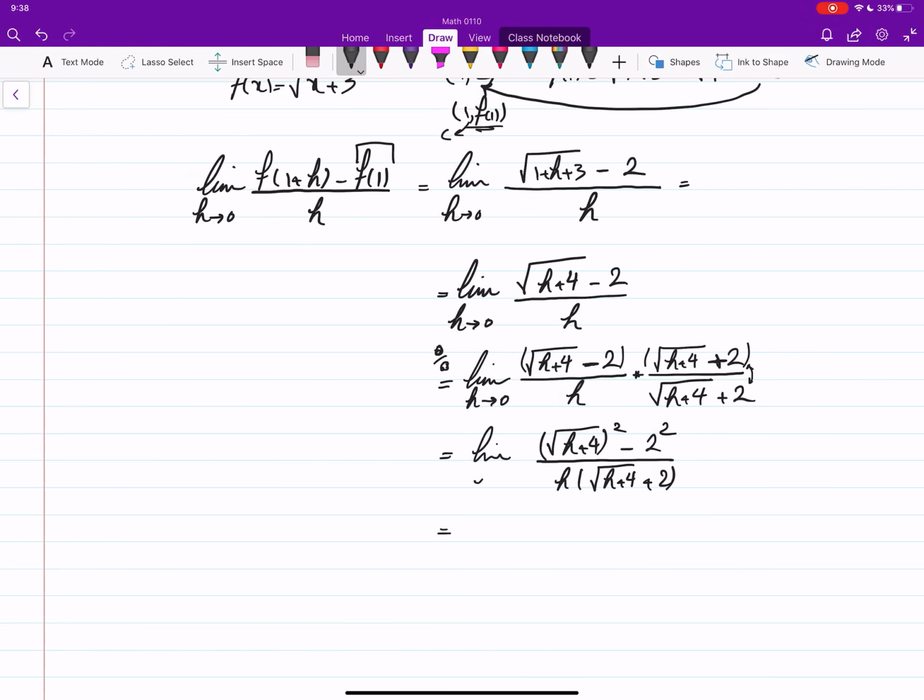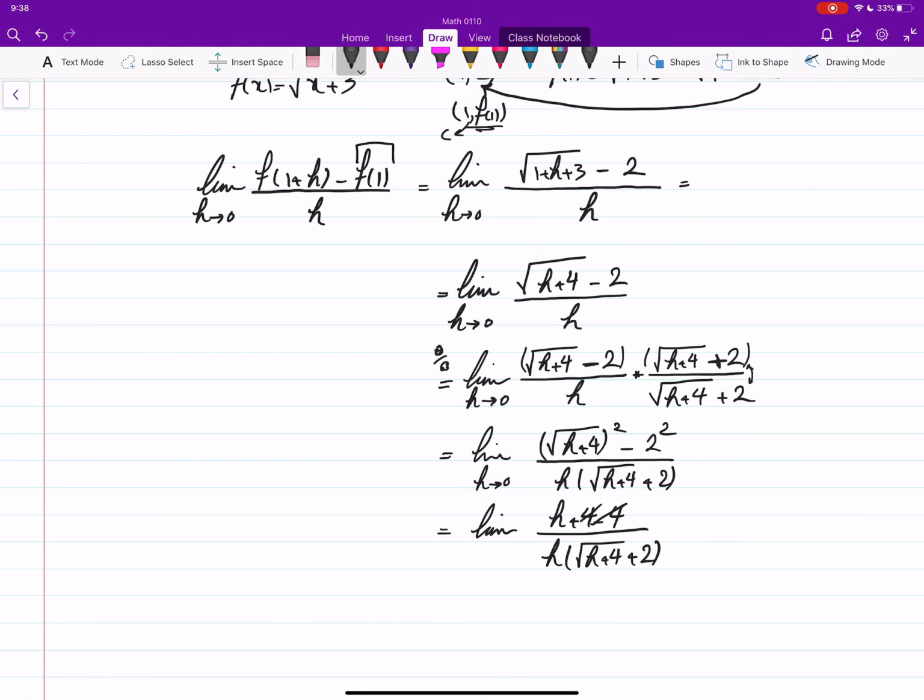Well, then this gives us, the square of a square root is just whatever you have under the square root. That will give me h plus 4 minus 2 squared, which is 4. So we have that thing there.